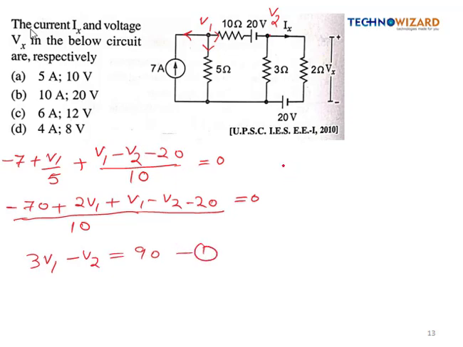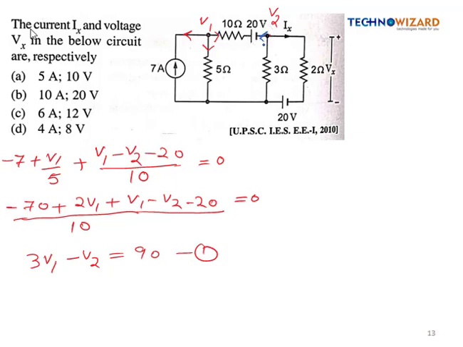Similarly, applying the nodal equation to the second node. So let's do this in the next slide. So it will be V2 minus V1 plus 20, because this 20 volt will deliver the current in this direction, which will add with the nodal current.